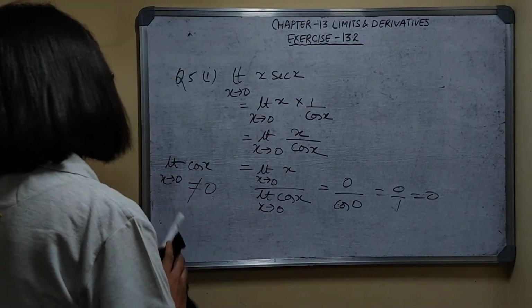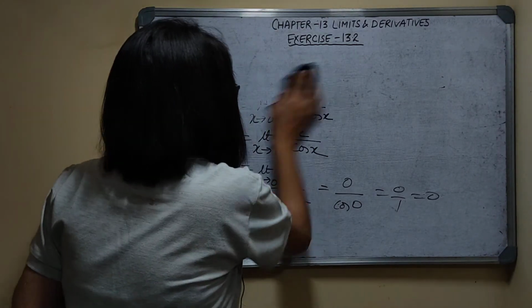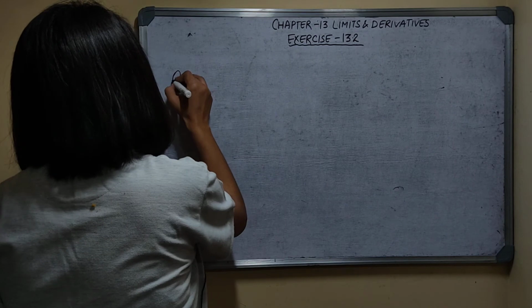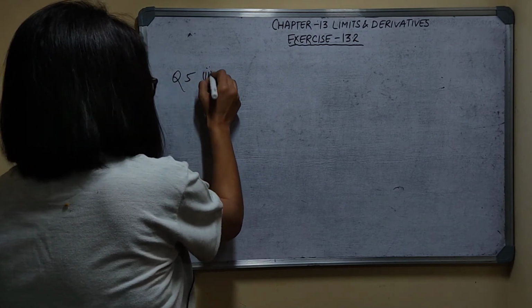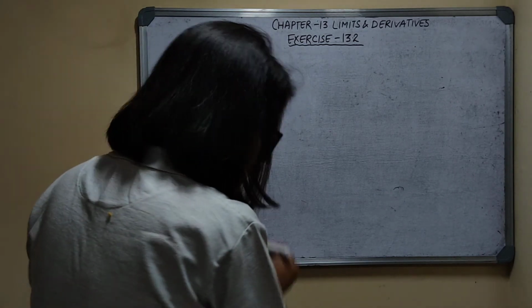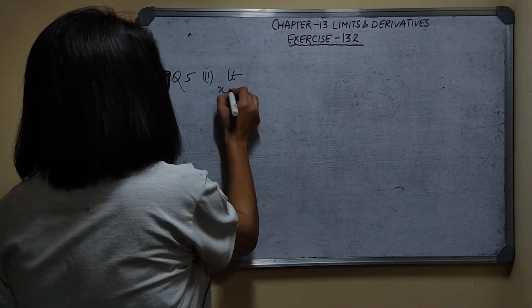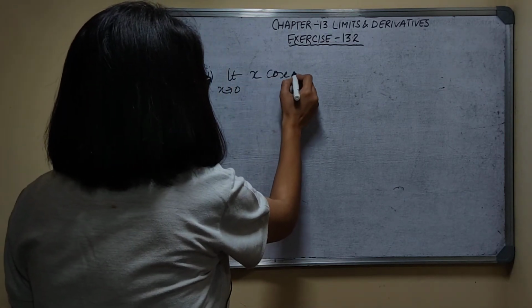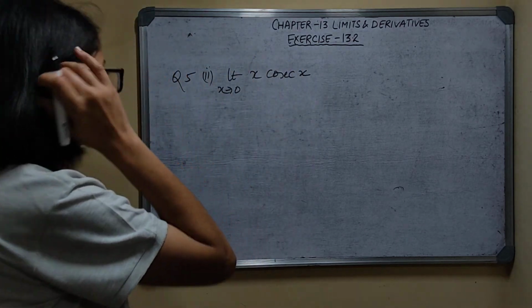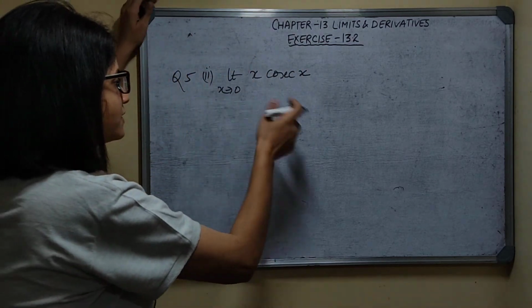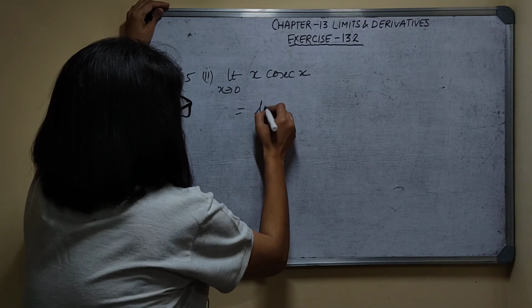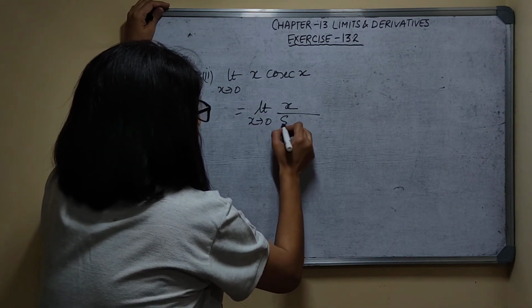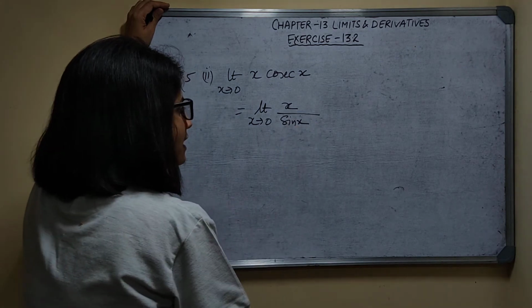Now question number 5, second part. You can see limit x tends to 0, x cosec x. Is it clear? So I can write limit x tends to 0, x upon sin x.